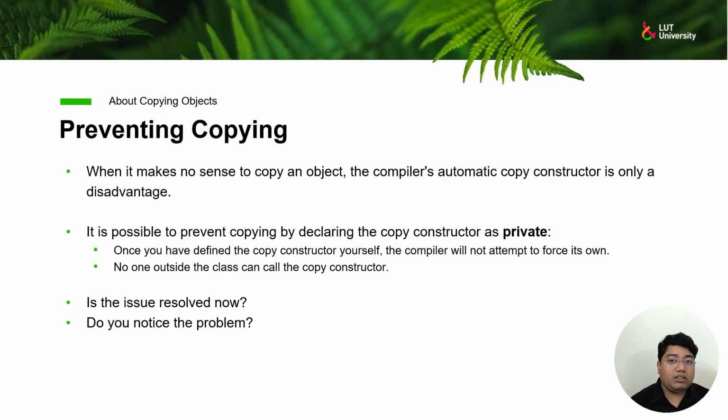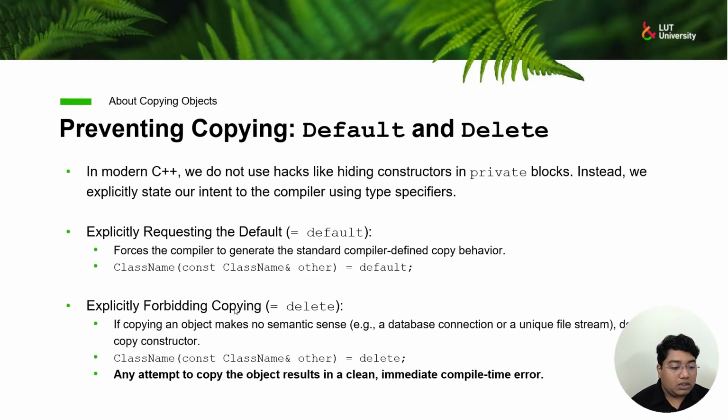Modern C++ gives us a much better approach. Starting with C++11, we can state our intentions directly. If we want the compiler-generated copy constructor, we simply write equal default. That tells both the compiler and anyone reading the code that the default behavior is exactly what we want.